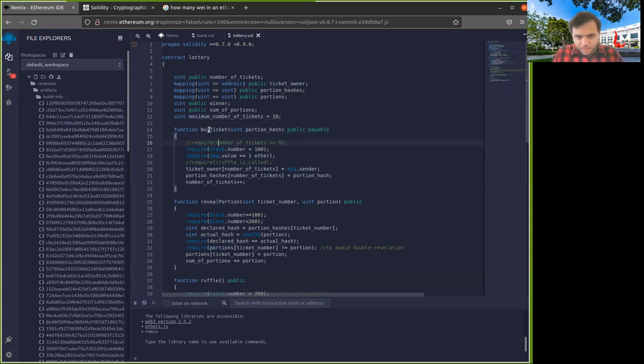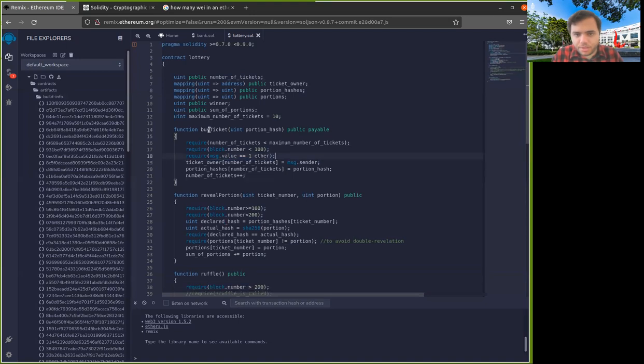So here, when someone is buying a ticket, I require that the number of tickets is strictly less than maximum number of tickets. Okay. And I can remove this one. And we are, of course, also checking the block number. This was so that we make sure everything is called in the right order.